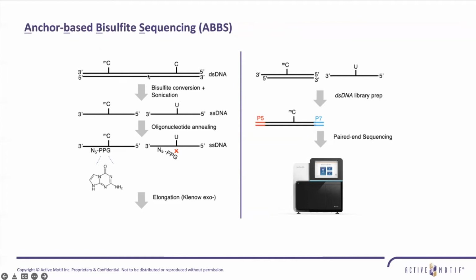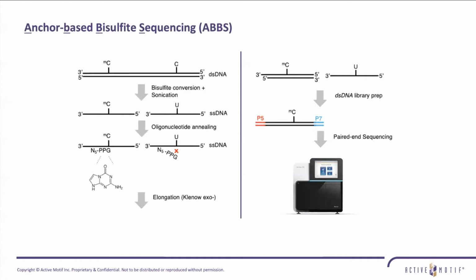After bisulfite conversion and slight sonication, these fragments, which are now single-stranded, will contain either a methylcytosine that was protected against deamination by bisulfite, or a uridine that was a cytosine converted by bisulfite.